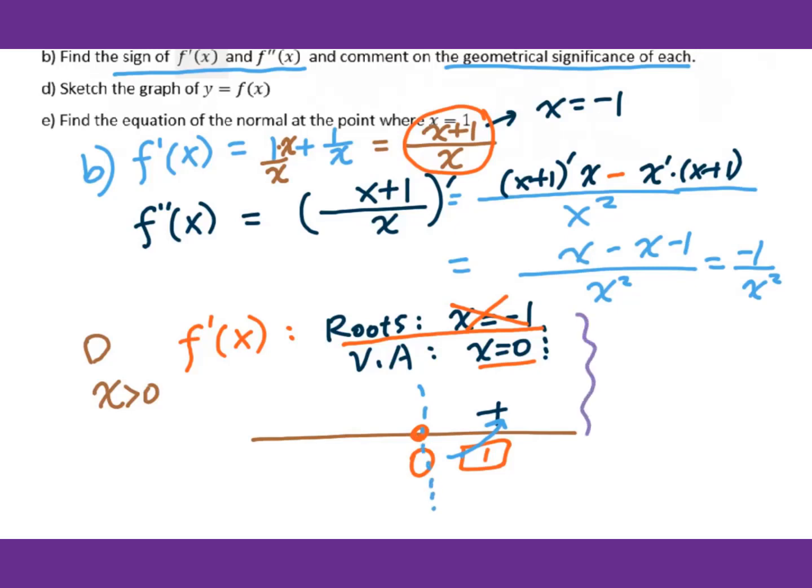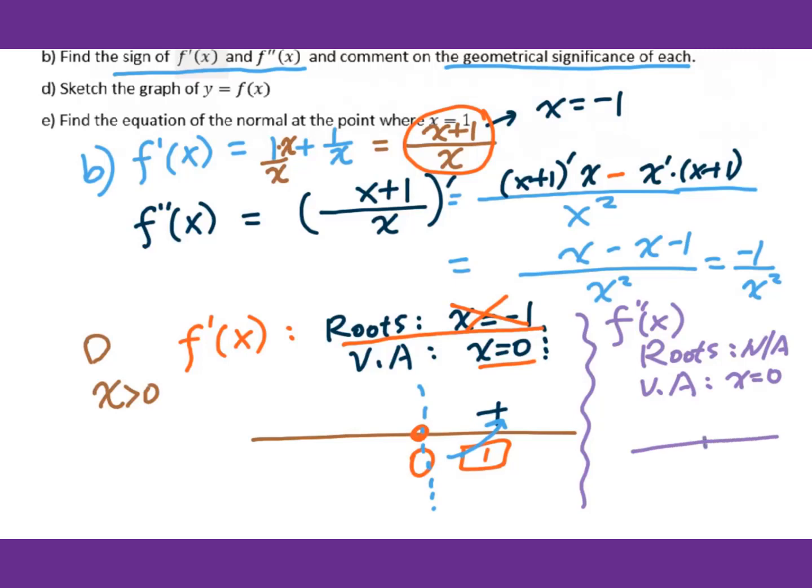Now let's draw the sign diagram for the second derivative. The roots: we make the top equal to 0. Negative 1 is never 0, so there are no roots. The vertical asymptote line is still x equals 0. So here's 0.